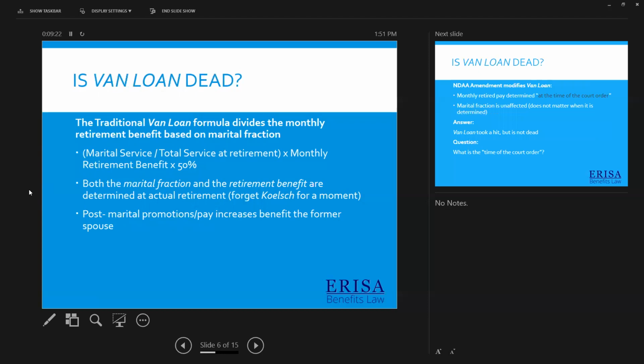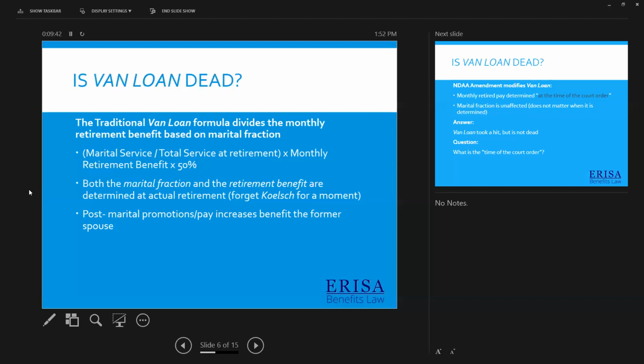So using a traditional Van Loan formula, both the marital fraction and the retirement benefits that we're dividing are determined at the actual retirement date. And this is just, forget about CALS for a moment, which is perhaps a modification of that. It's not actual retirement, but a theoretical retirement.